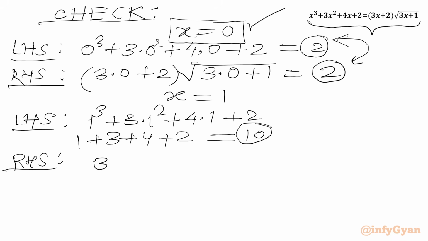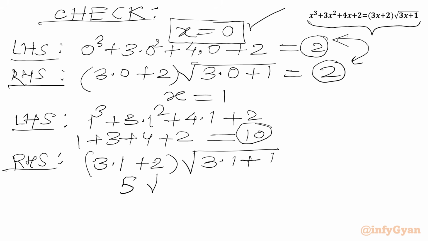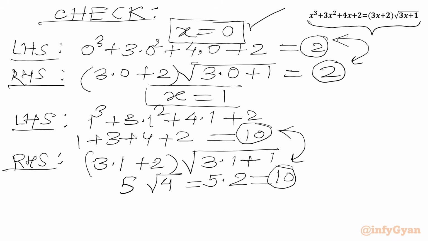We will write 3 times 1 plus 2, that is 5, times the square root of 3 times 1 plus 1, the square root of 4. The square root of 4 is 2. We are going to get 5 times 2. Value will be 10. LHS equal to RHS. Hence our solution x equal to 1 is also true and verified.